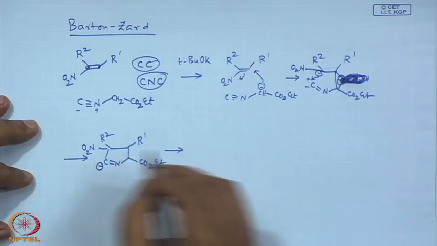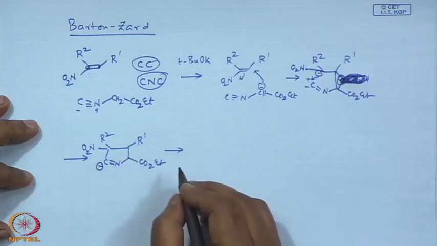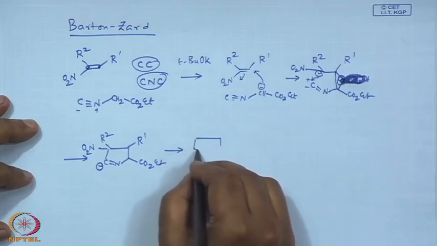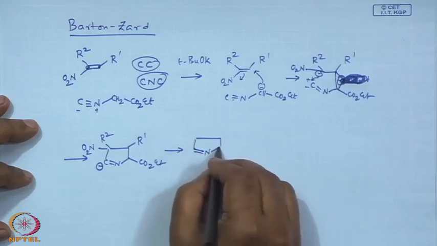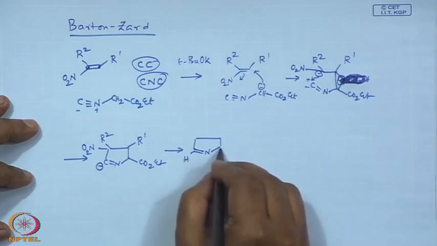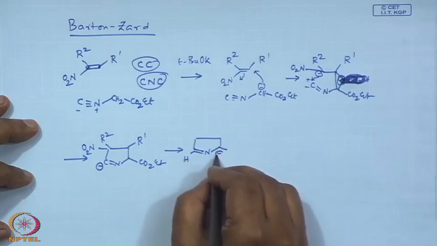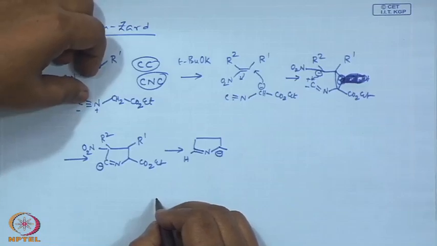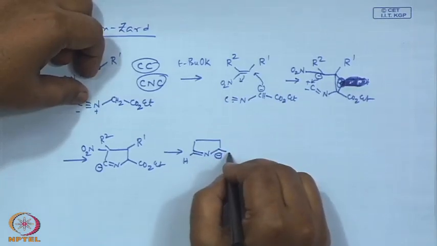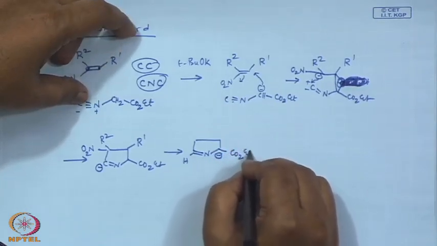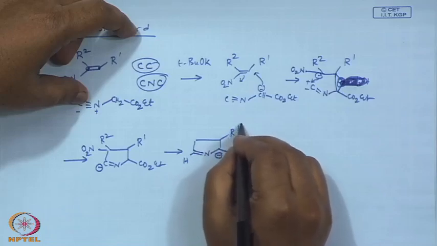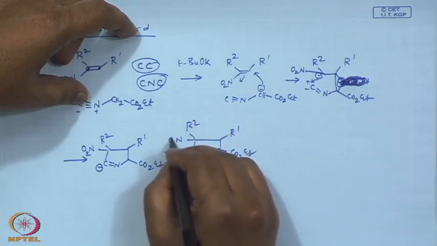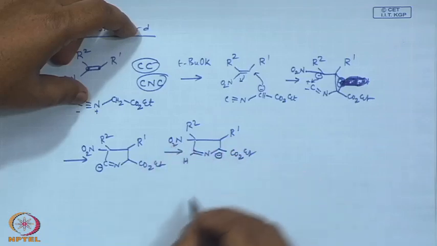It is an exchange, carbanion deprotonation, intramolecular deprotonation. So, the deprotonation would take place, that means this hydrogen would be coming and the anion would be forming here, right, with CO2 and R2 and NO2. Okay.